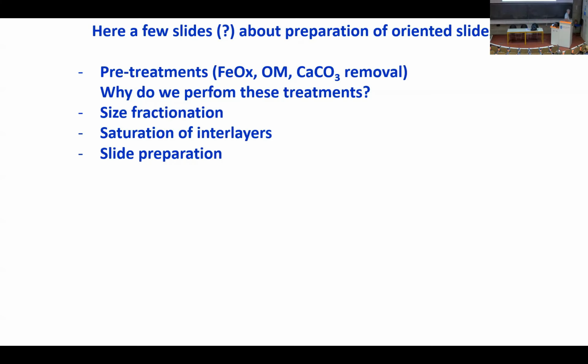But usually when you are performing size fractionation, you are also performing a series of treatments before this size fractionation. You are trying usually to remove iron oxide, you are trying to remove organic matter, you are trying to remove calcium carbonate. Why?